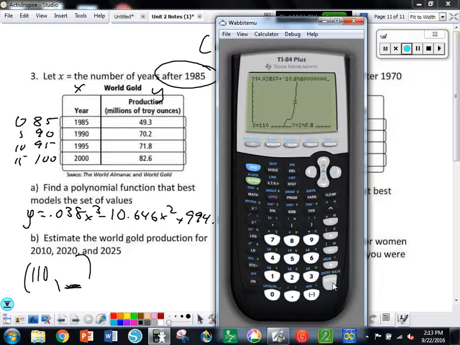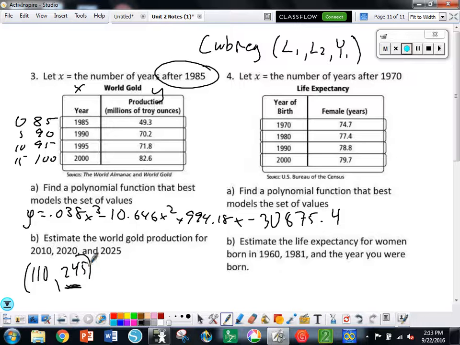It goes out on your graph. Out of 110, my y value is 245.8. Ladies and gentlemen, it just did the work for me. So we're using a machine to help us estimate the future in this case, right? 2010's in the past officially, but you get what I'm saying.